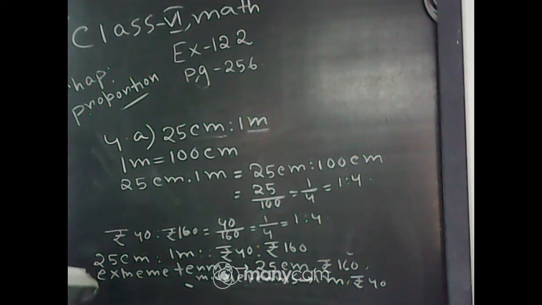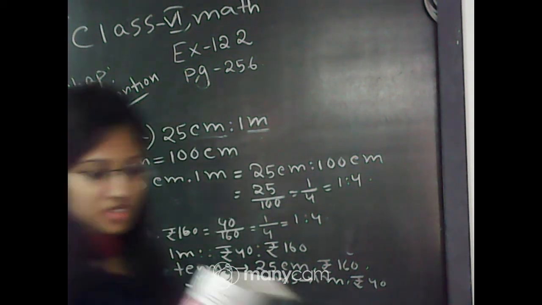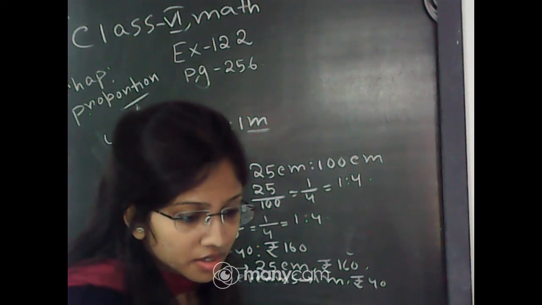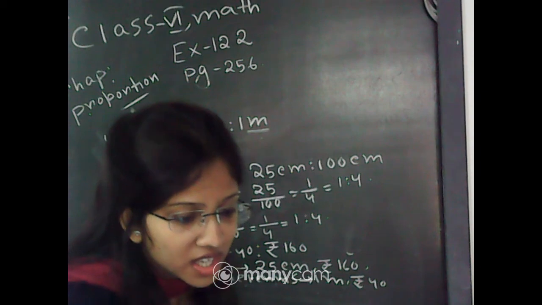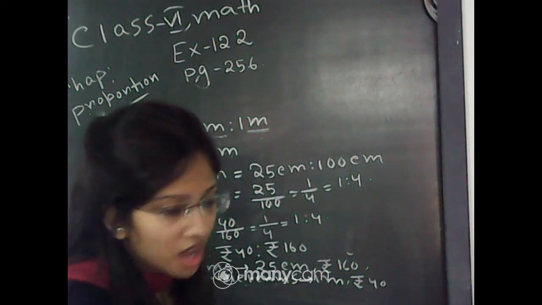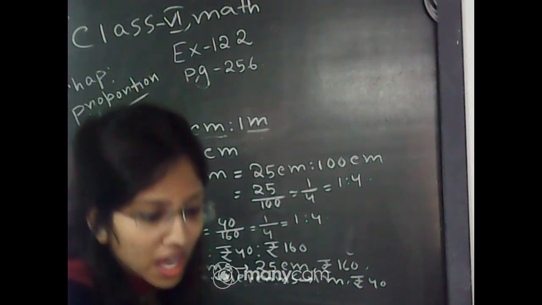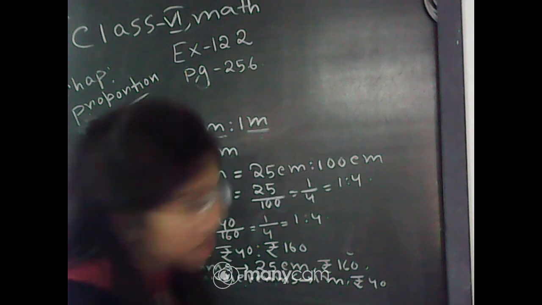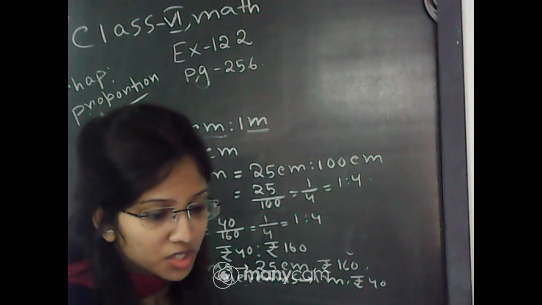If you have any doubt, then you can ask me. Up to this portion, any problem, students? Yes, 4a is in proportion, and the extreme terms are 25 cm and rupees 160, and the middle terms are 1 meter and rupees 40.